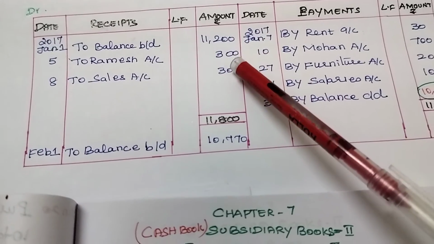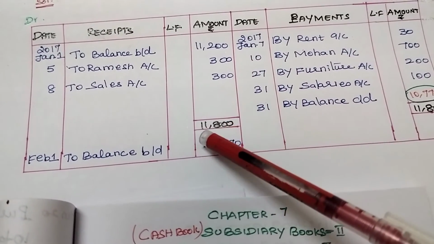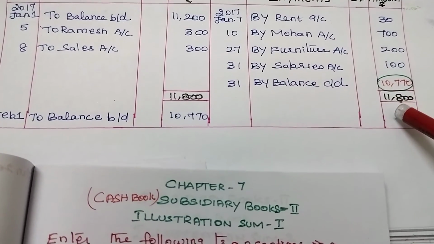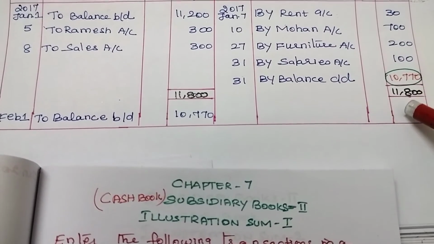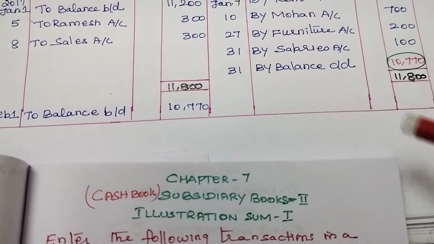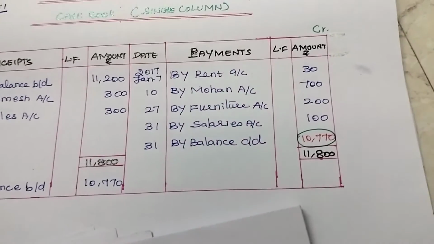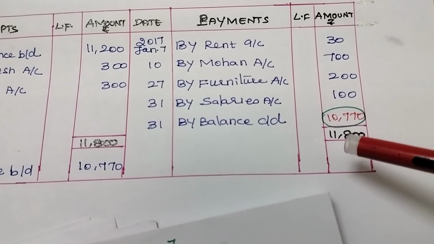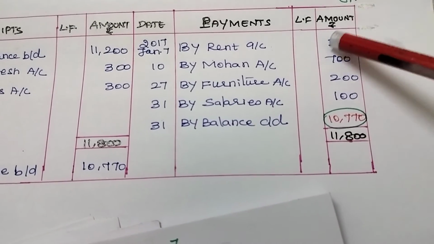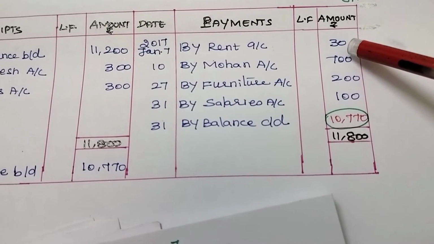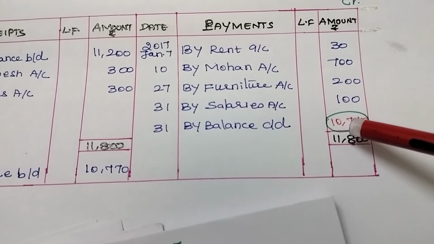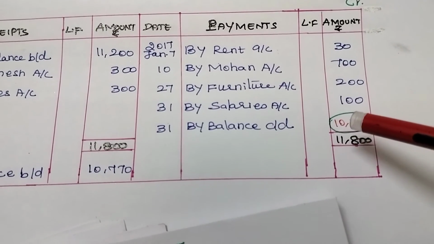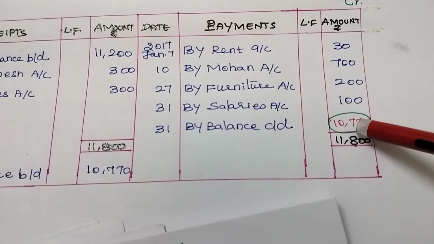The debit side total is 11,800. You enter that 11,800 as the total on both the debit and credit sides. Then you find the difference: the credit side has the lesser value, so you subtract it from 11,800. The difference is 10,770. You enter this difference on the credit side, the payment side.